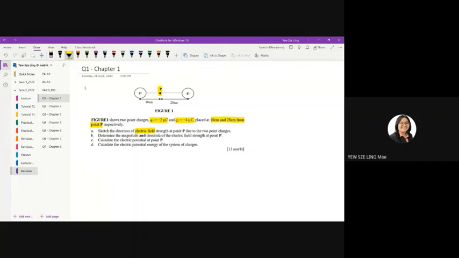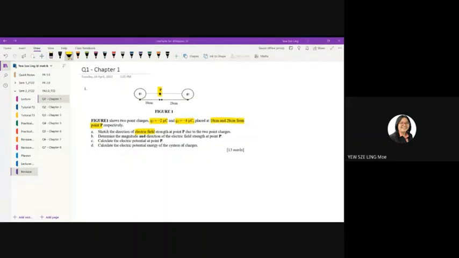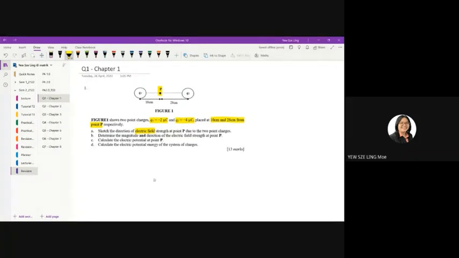If you want to sketch an electric field diagram, then you want the field diagram, not the force diagram, and it is about a point P.